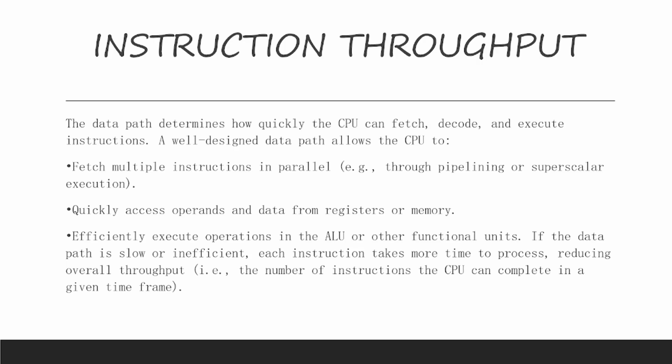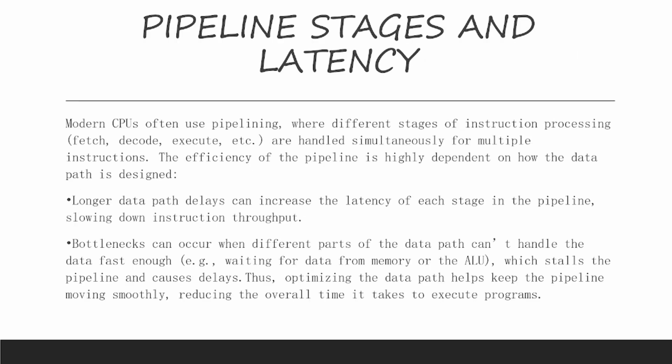Thirdly, efficiently execute operations in the ALU and other functional units. If the data path is slow or inefficient, each instruction takes more time to process, reducing overall throughput, that is, the number of instructions that the CPU can complete in a given time frame.